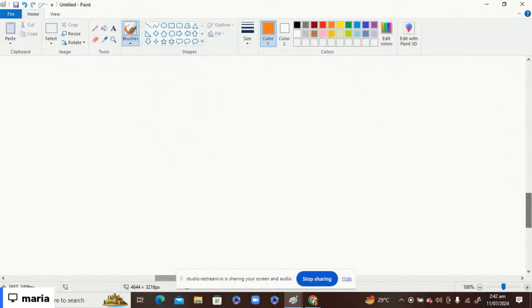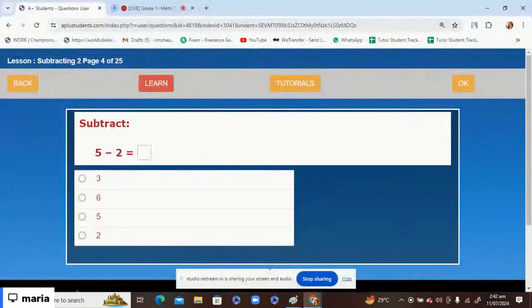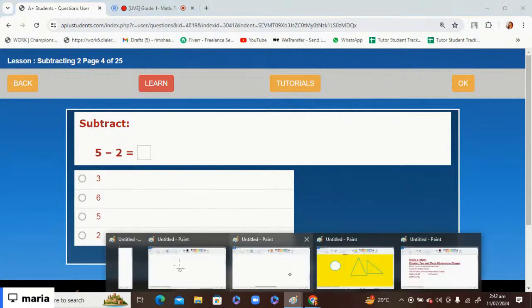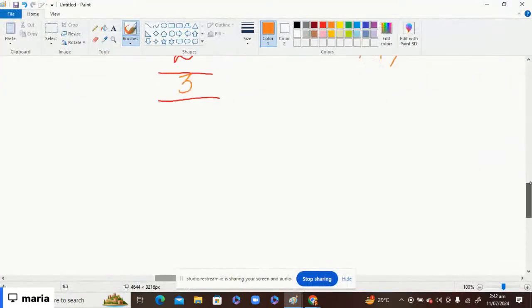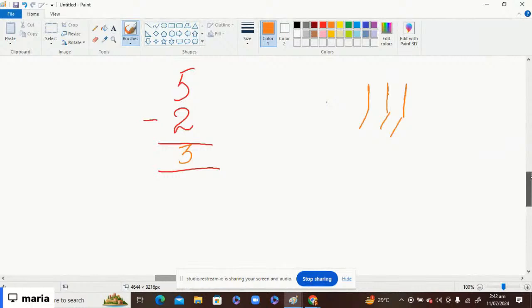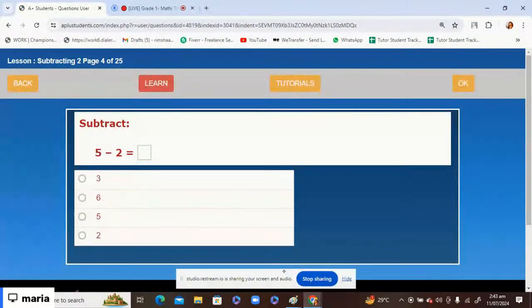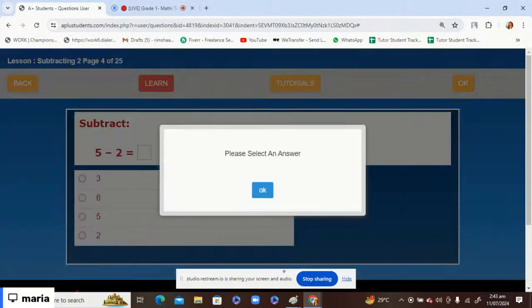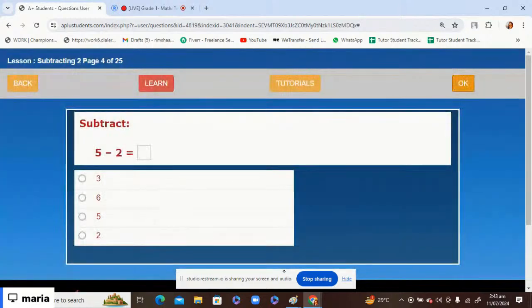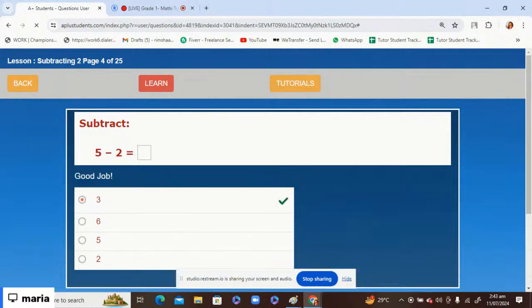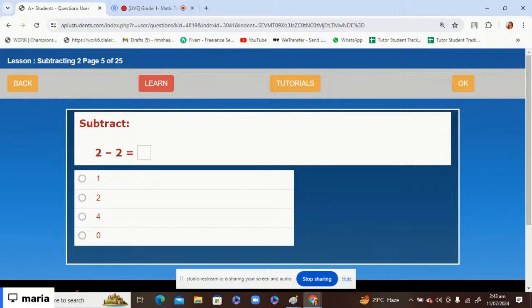So let's just solve. Is 2 the answer or is 3 the answer? 3 is the answer. Okay, so here let's just put the 3. So let's go with it. Oh, sorry. It's 3, and then let's go with it. When we see the answer, this is the right answer.